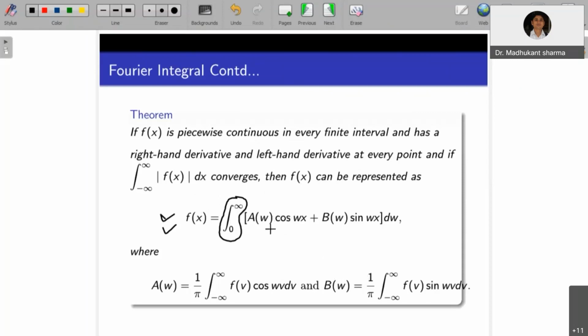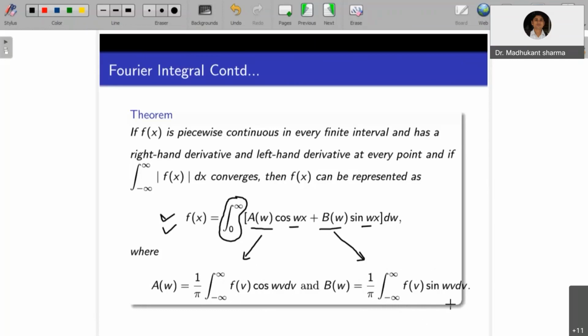Other than that, it has a of w, b of w, cos of wx and sine of wx. We saw all this last semester, so I am not going to recall everything. These Fourier coefficients, a of w and b of w, are represented by these integral formulas.